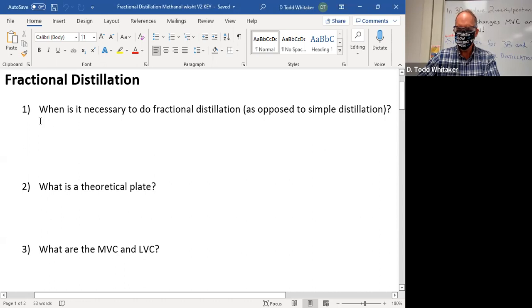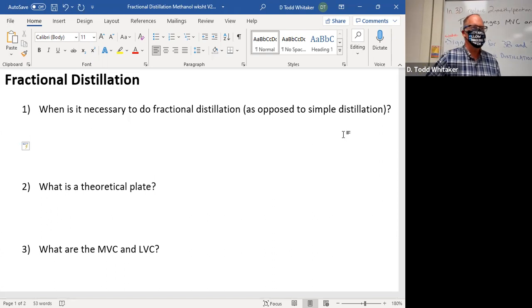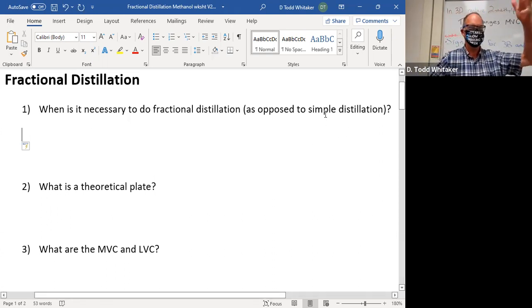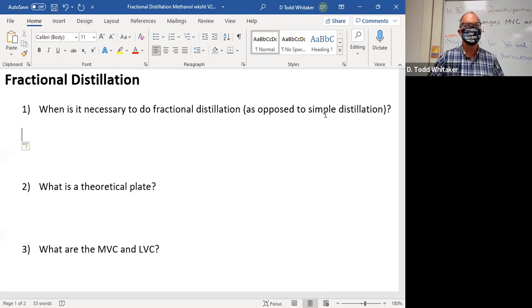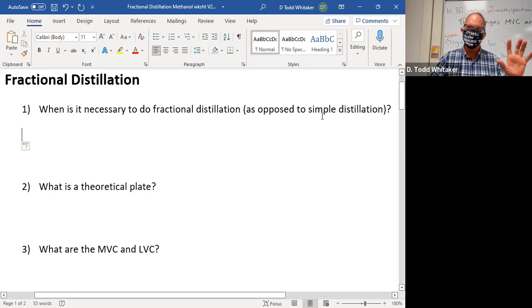And the question here is, why is it necessary to do fractional distillation as opposed to simple distillation? I guess before we answer, what was simple distillation? Anybody? Yes. Separation of liquids with boiling points over 100 degrees. Close.